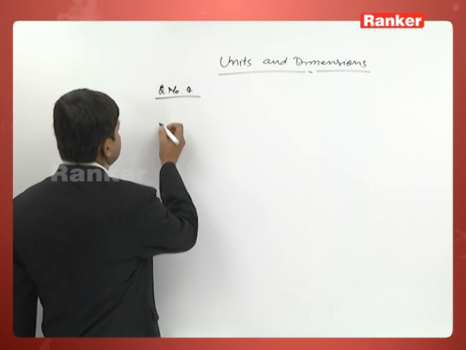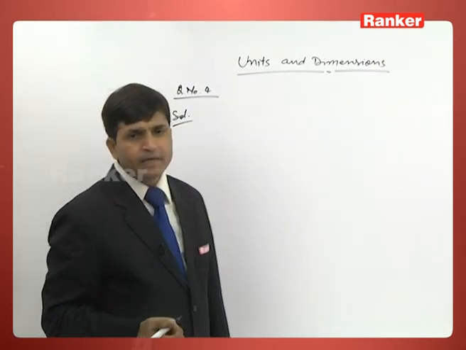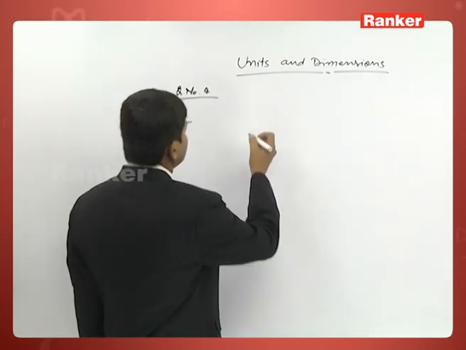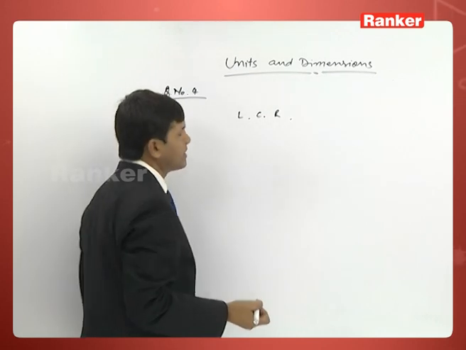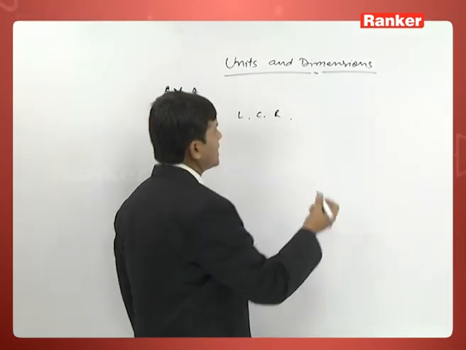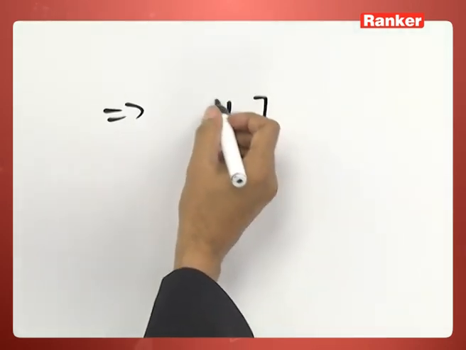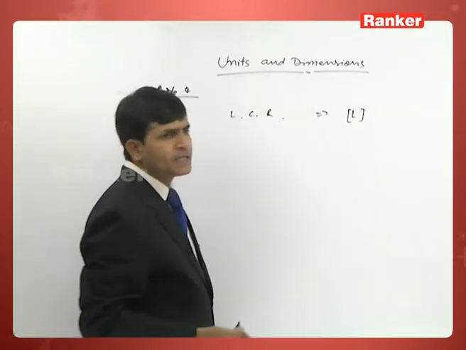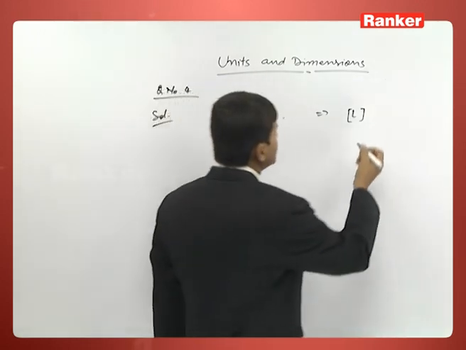Now see, here it is given L, C, R. So one by one we will find all the dimensions. See, the dimension of L. As we know, L is defined as magnetic flux per unit current.